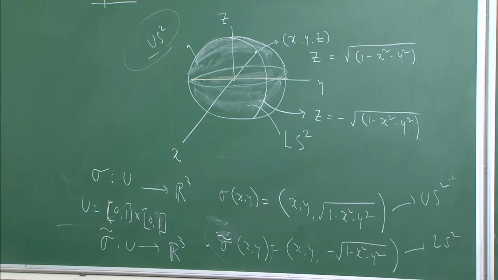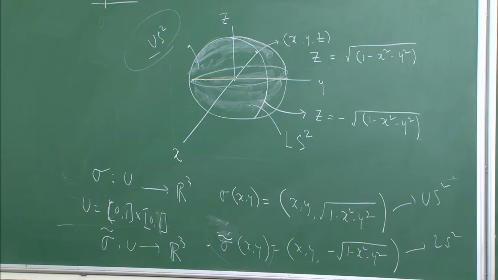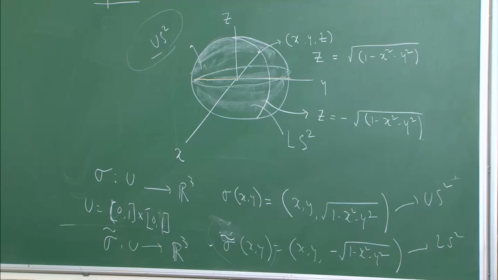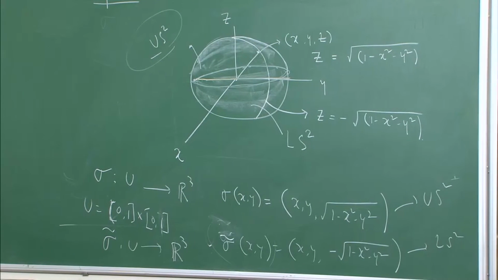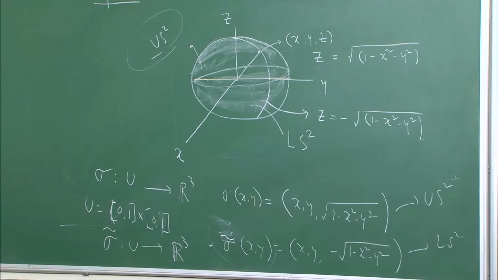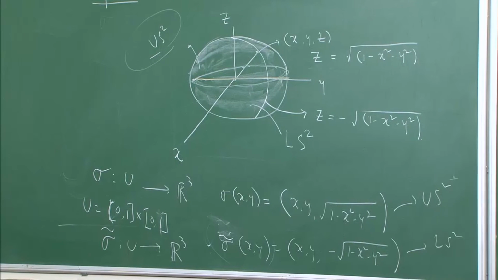Actually, you learn in school that you do not describe the globe this way. There is another way to describe the globe, by longitude and latitude, which is called the cartographic description.